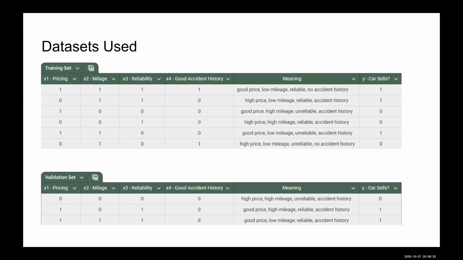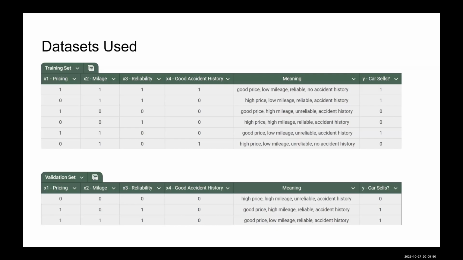This is the data set we used. There are six training samples in the training set and three samples in the validation set. So in the dataset, each row represents a car with ones and zeros describing its condition.